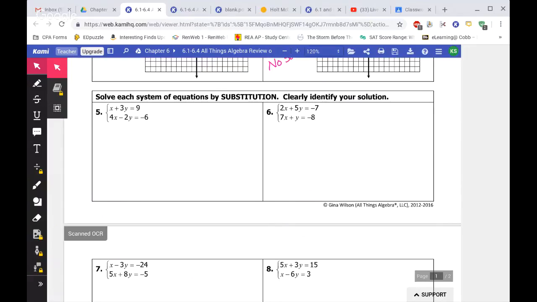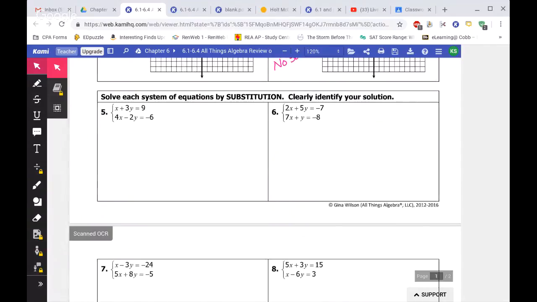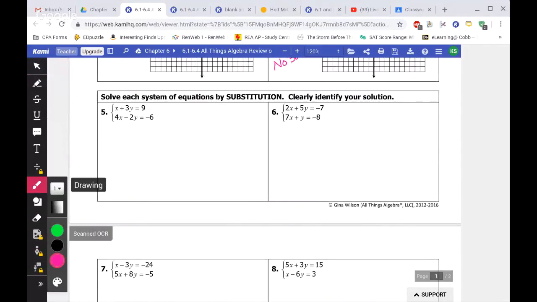Okay, with substitution, the first thing you want to look for is what term has a coefficient of 1. Which equation has a term in it that has a coefficient of 1? The bottom one? Good job. And that would be the y term.